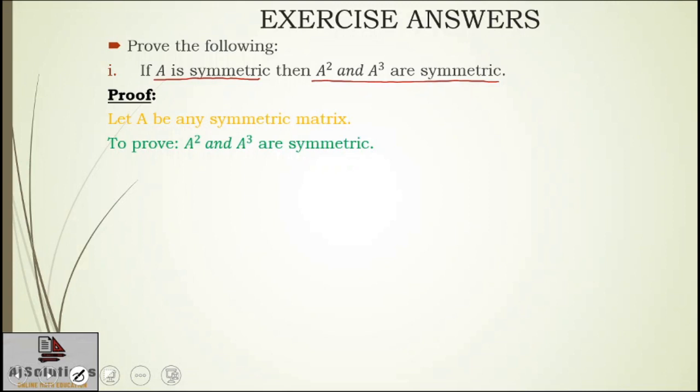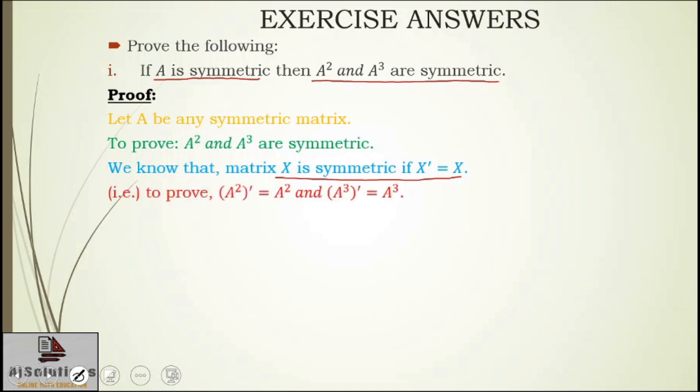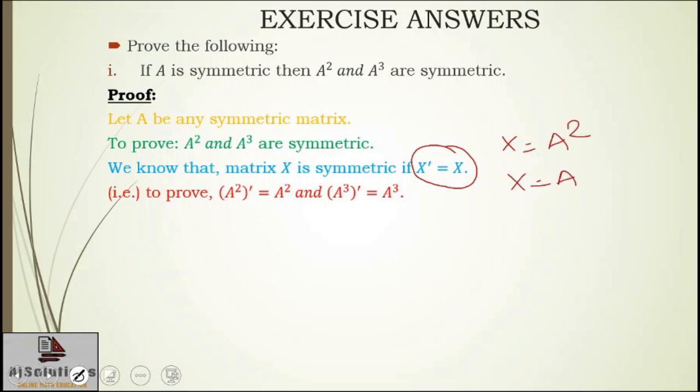Step number 3, write the fact. So we are going to write the fact that is of symmetric matrices. And step number 4, write what exactly to prove. So this is what exactly to prove. And how am I getting this? I am getting this by putting A squared and after that A cube in place of X in this condition.